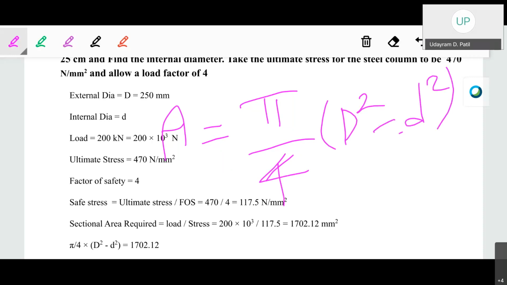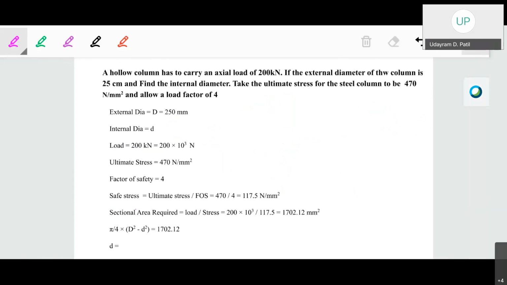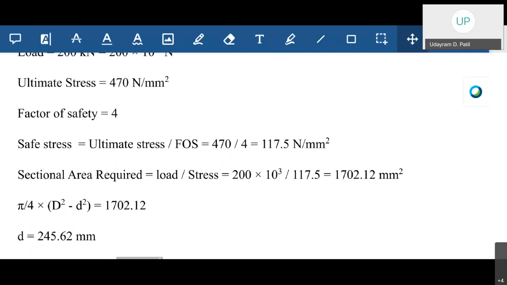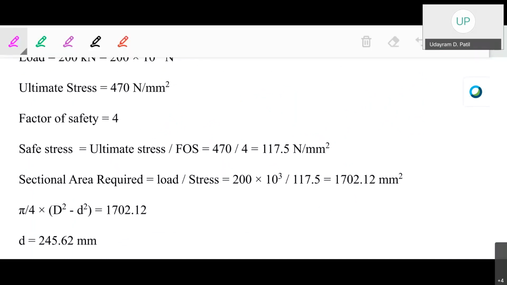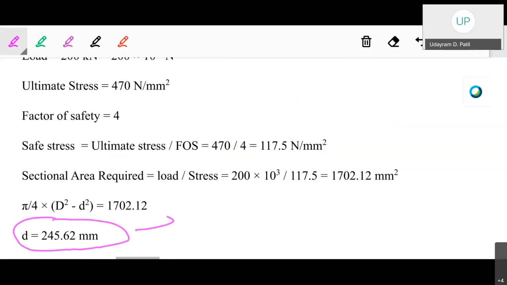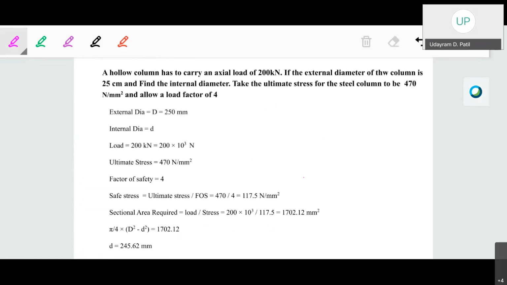By putting in the area value and the external diameter value, we can easily calculate the internal diameter value. That particular value will be 45.62 mm. So you got it, it is quite simple.